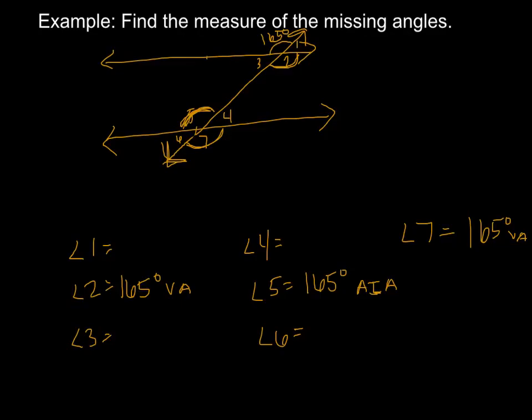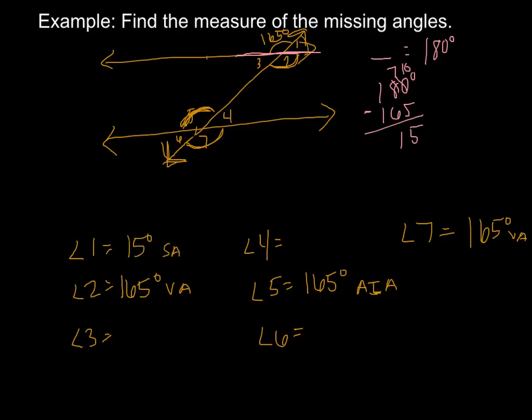This is a line from 165, and I'm figuring out angle 1. A line equals 180 degrees. So using supplementary angles, I subtract 165 from 180 and get 15. So angle 1 is 15 degrees because of supplementary angles.